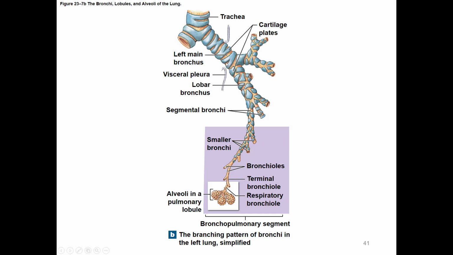Okay, so as we're moving down from the segmental bronchi, which we just looked at from the bronchopulmonary segments, we're going to get even smaller. We're going to go down to the bronchioles, which are even finer: terminal bronchiole, respiratory bronchiole, and then alveoli, a cluster of alveoli.